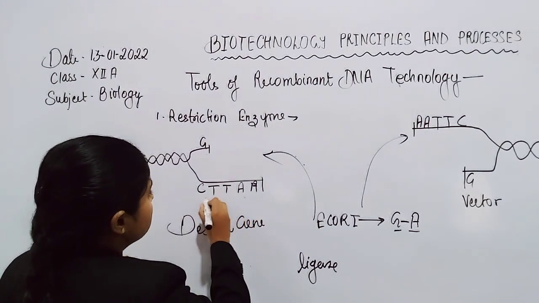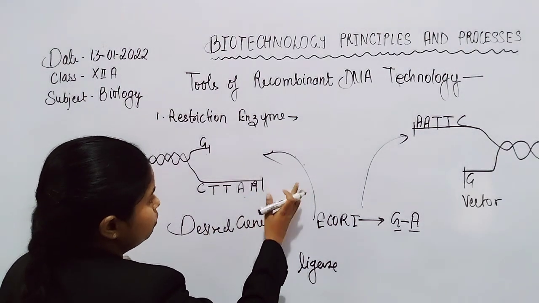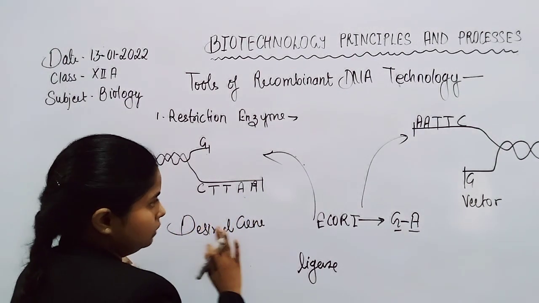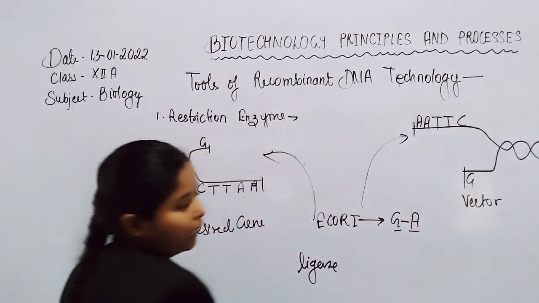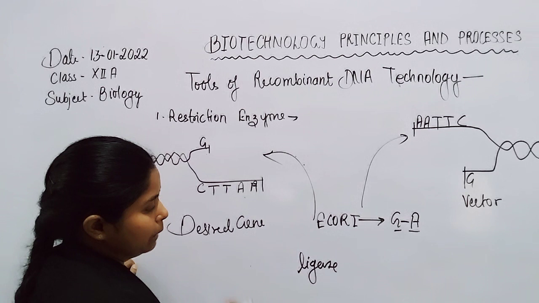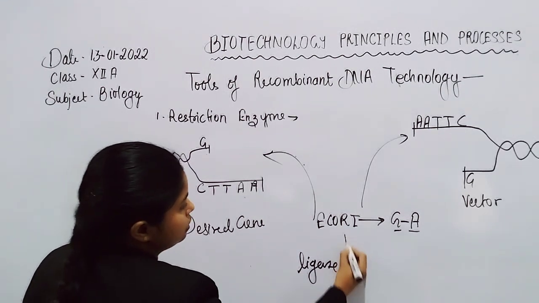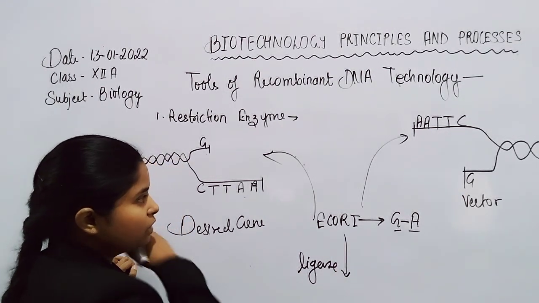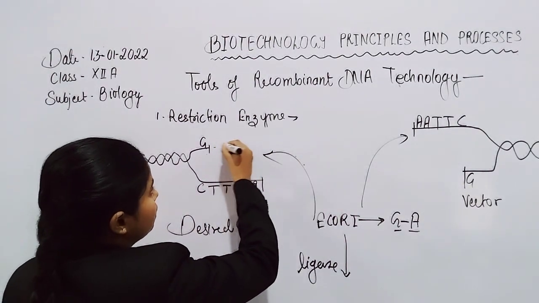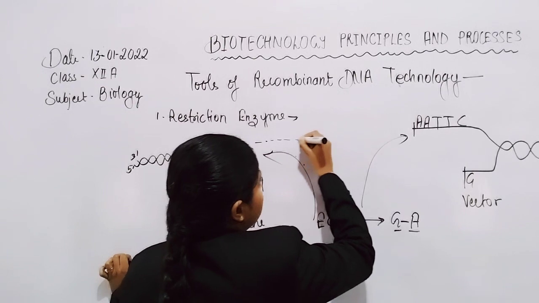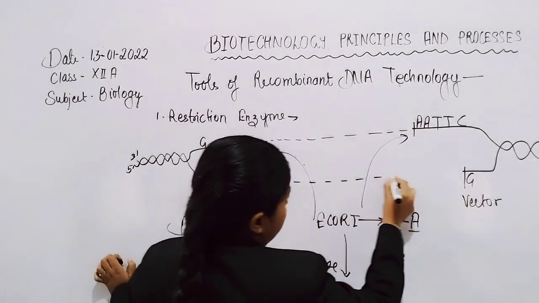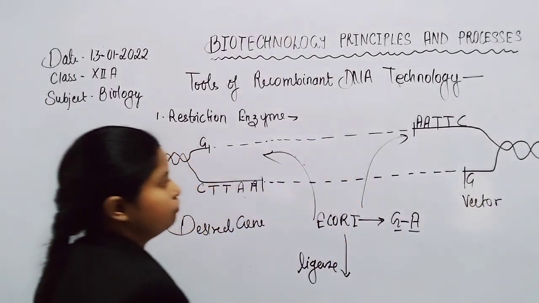Here G is removed and AATTC is completely present. Now G is completed by the vector DNA. That's why the ligase enzyme only forms the phosphodiester bond between G and A.